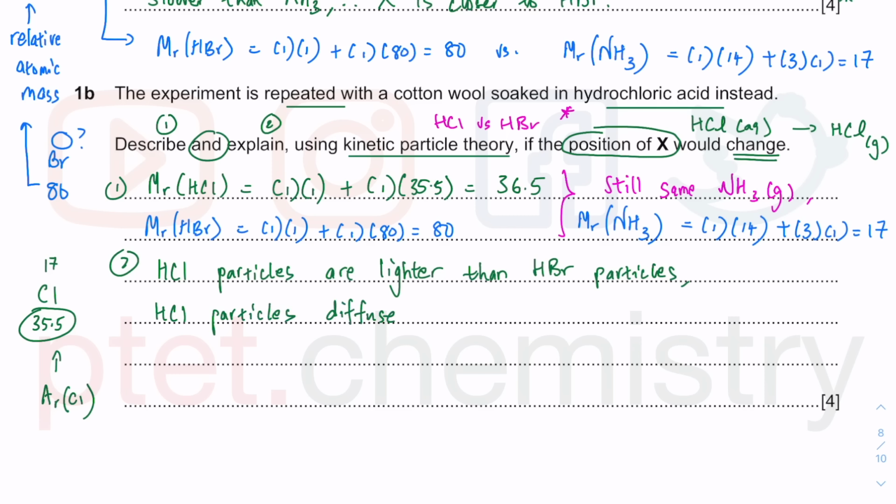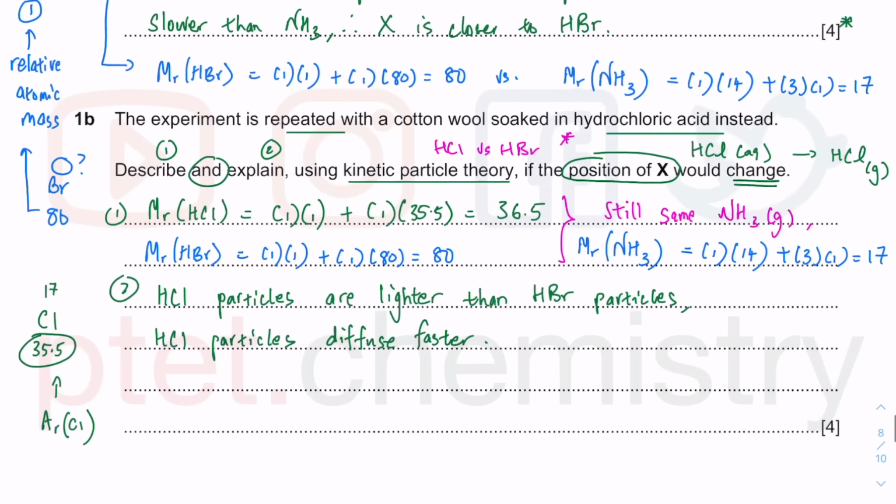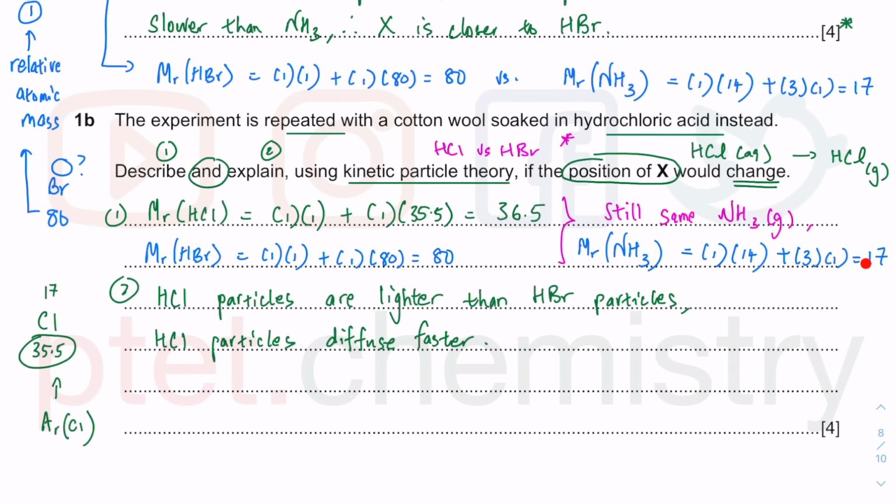If they diffuse faster, they will travel a longer distance, which means they will diffuse faster than HBr, which means their meeting point will not be at X. It will not be at the midpoint because remember the MR of HCl is still heavier than 17.